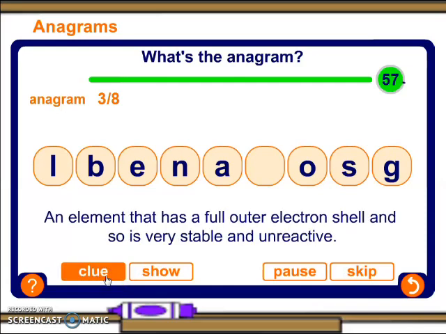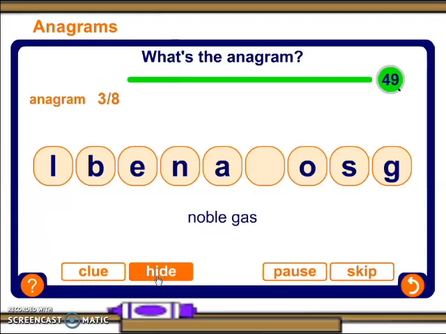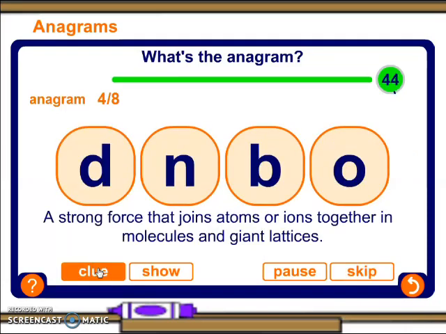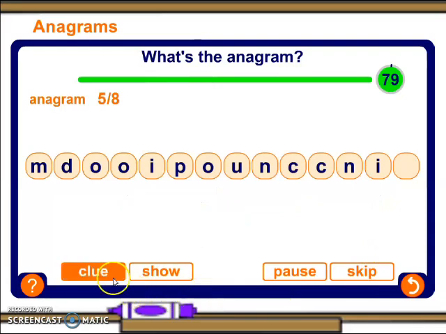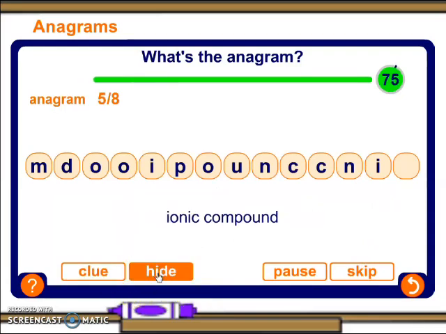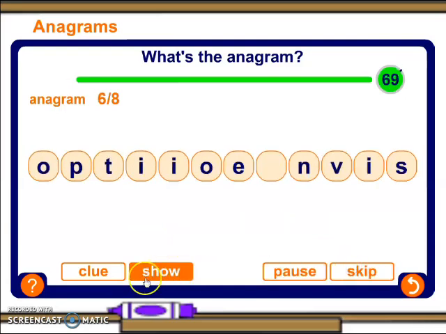An element that has a full outer electron shell and so is very stable and unreactive. The correct answer is noble gas. 4. A strong force that joins atoms or ions together in molecules or in giant lattices. The correct answer is bond. 5. A compound made up of ions. The answer is ionic compound.